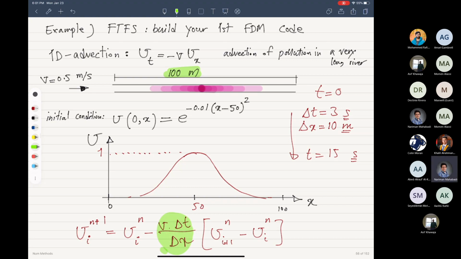And once you have this, let's try to draw the concentration of your chemical at different times, at least for time 0 and time 15. And from that, give me some insight on what you see in the graphs.